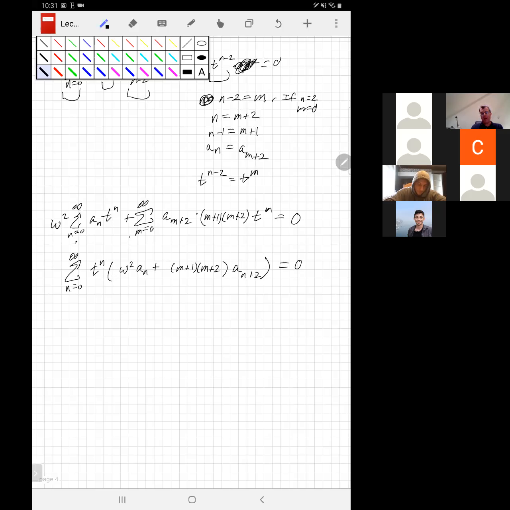And this whole thing has to add to 0 for any value of t, whether t equals 0 or t equals 1 or t equals 42 or t equals 14,605,000, whatever. It has to add up to 0 for any imaginable value of t, which only works if all of this is equal to 0. So omega squared a_n, oops, this should have been an n, my bad.